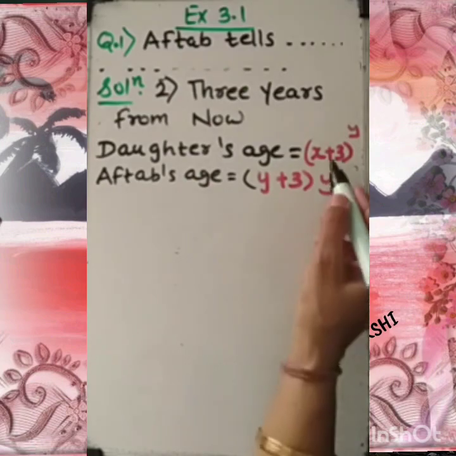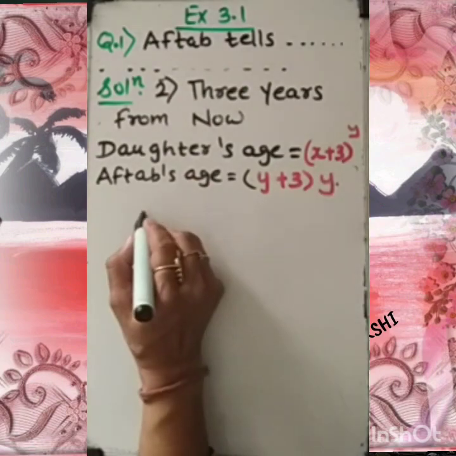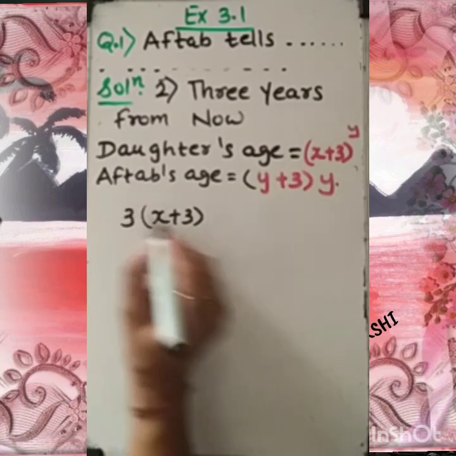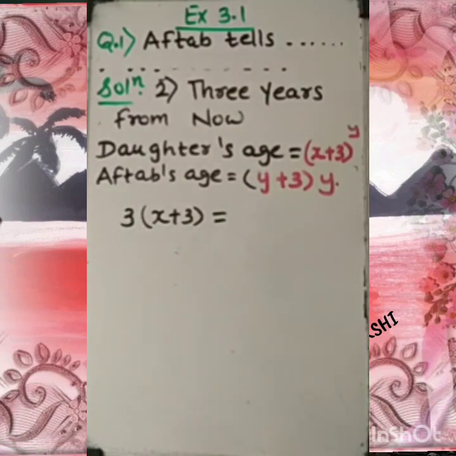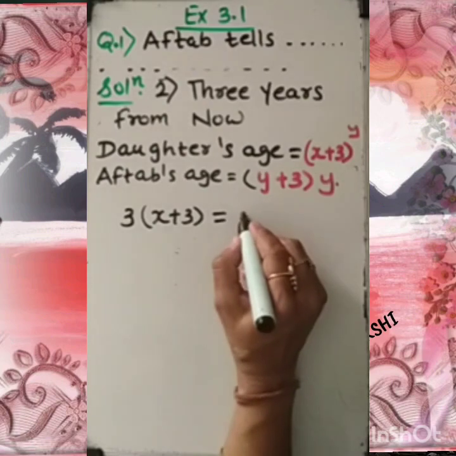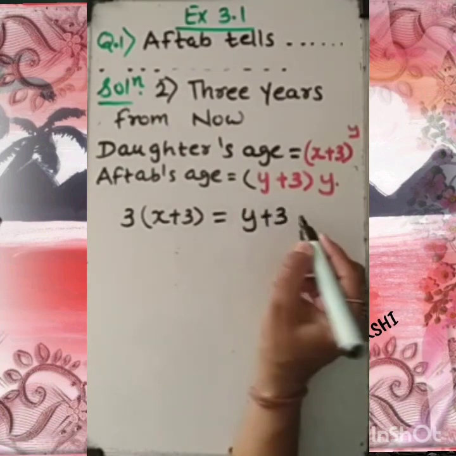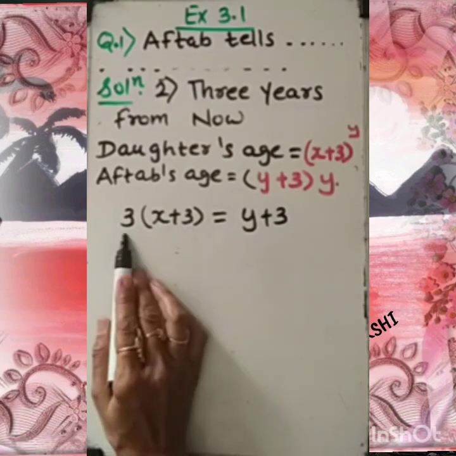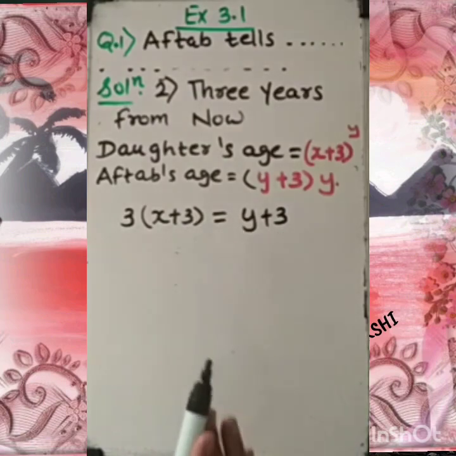Who is I shall? It means herself, the daughter. The daughter at that time is 3 times the age of Aftab. This is the algebraic expression.